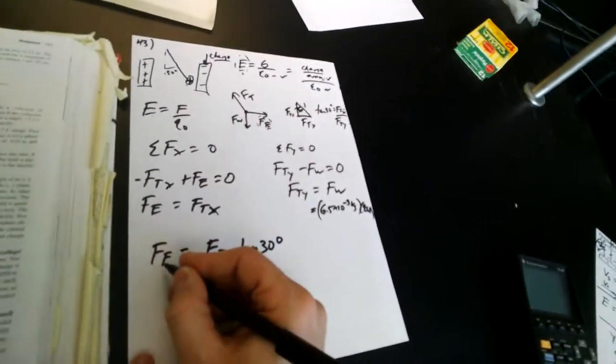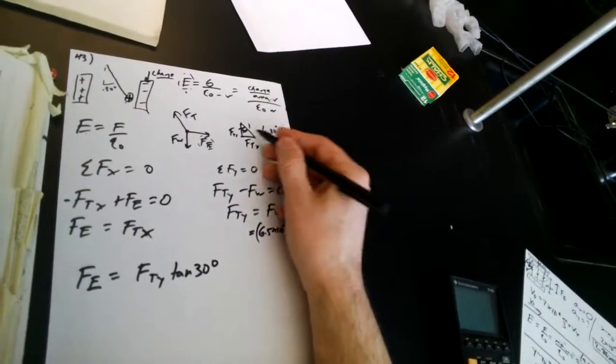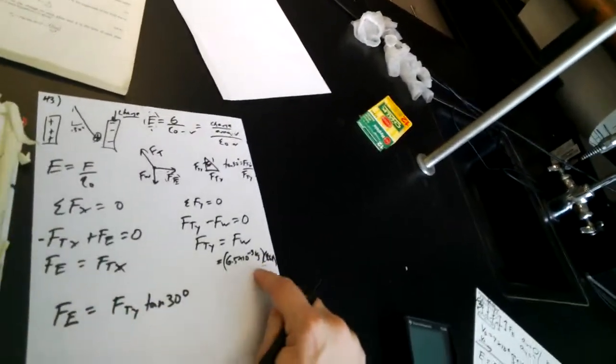And again, that just came from right here. Okay, so we've got force of E field, substituting in FTx, equals FTy tan 30, and here's FTy. So I just need to take this number and multiply by tangent 30, and that'll get my E field.